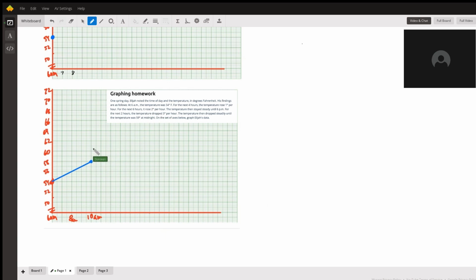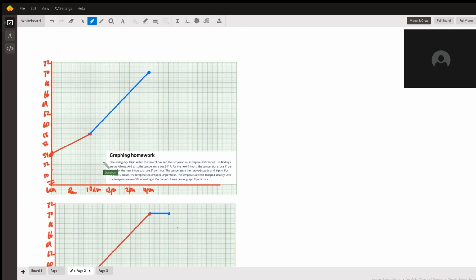So that means I'm going to end up with a point all the way up here at 70 degrees, and it's going to meet up with 6 hours after 10 a.m., which is 4 p.m., right? Once we find our 4 p.m. mark on our x-axis and our 70 degrees mark on our y-axis, we can identify that point on our graph, as you will on your graph paper, and link those up, right?